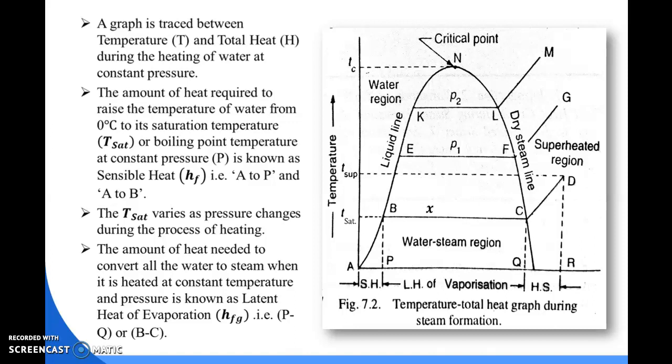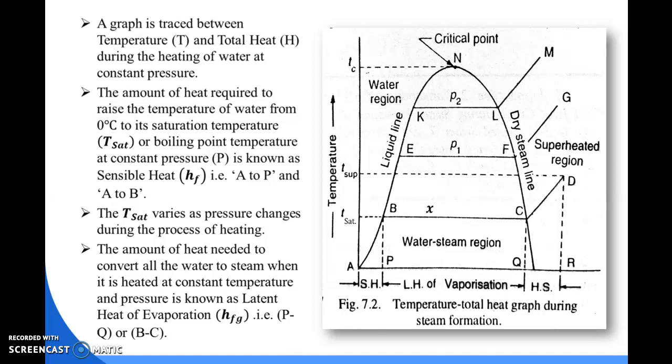And from this figure, it is seen that as we are increasing the pressure, the latent heat of evaporation, that is BC, EF and KL, the value of BC and value of EF and the value of KL gradually decrease.